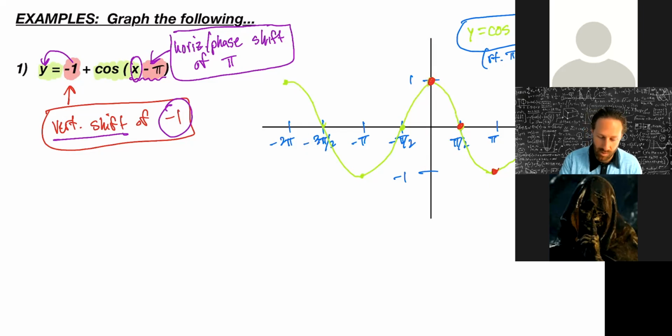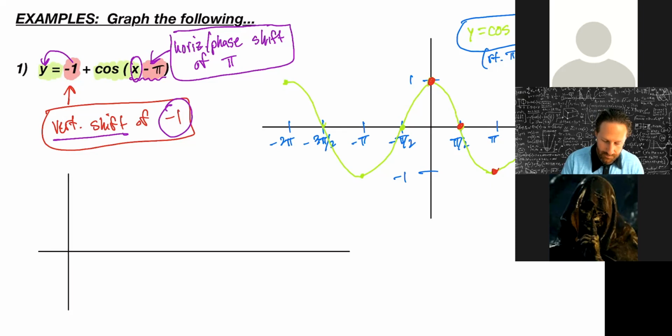Which means, what are we going to have as our final look? Now remember, we get to say however we want for our tick marks.